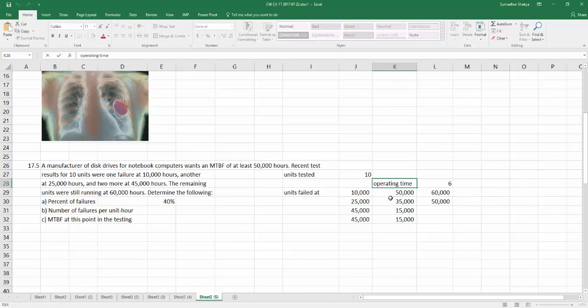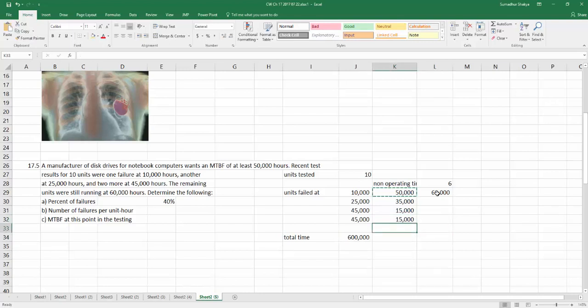This should have been non-operating time. Everybody else was still working. All those 6 units were still working at 60,000. That's the information given to us. So if we say equals 10 times 60,000, this would have been the total time had all of them worked.